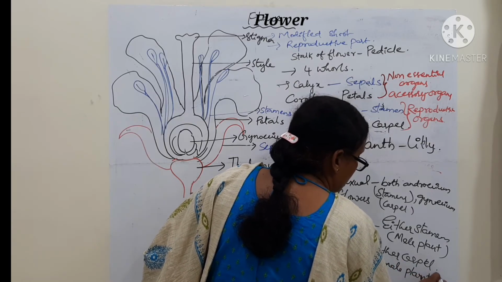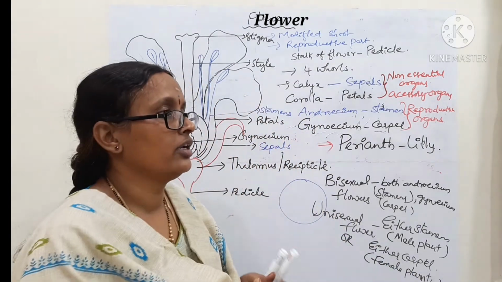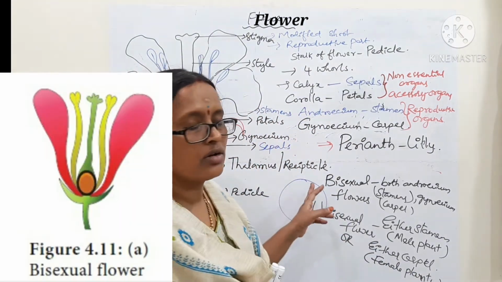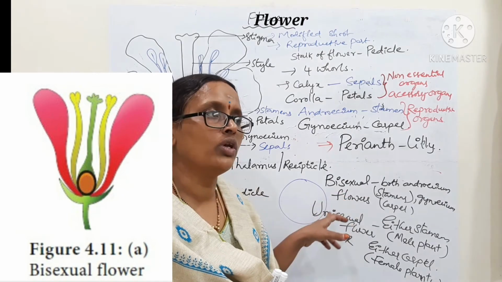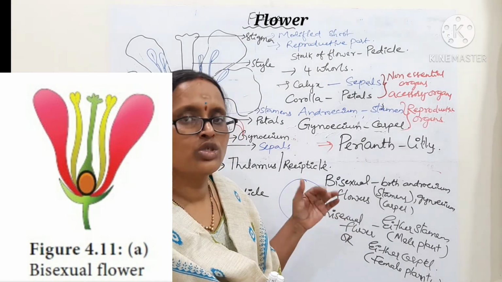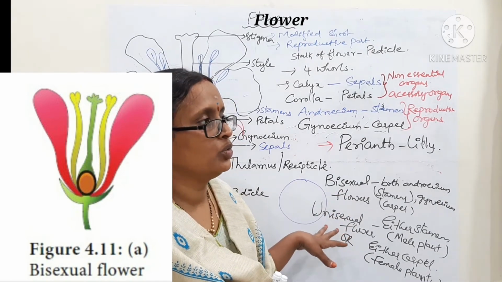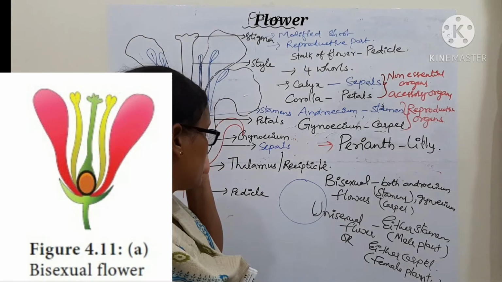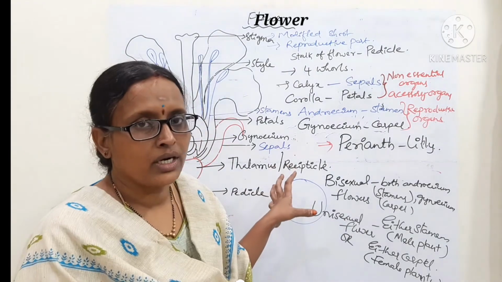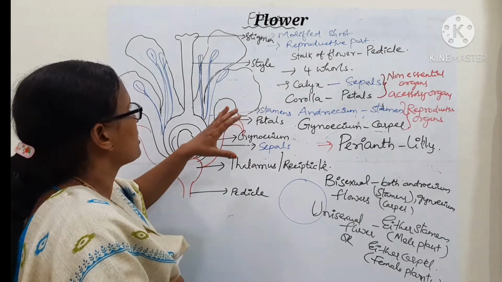So based on the essential organs, if both are present, they are bisexual flowers; if only either androecium or gynoecium is present, they are unisexual flowers. This is about the different floral parts.